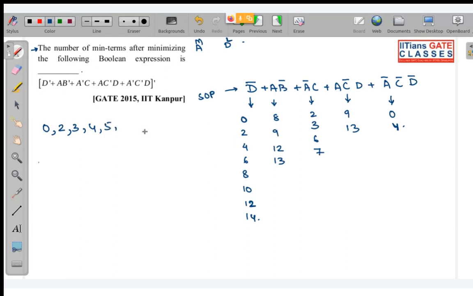Okay, it's okay. 6 is present. 7 is present. 8 is present. 9 is present. 10 is also present. 11 is not present. 12 is present. 13 is present. 14 is present. 15, no, 15 is also not present.